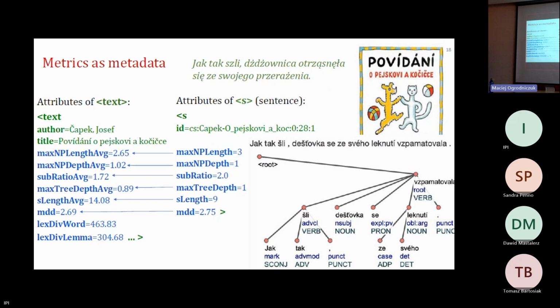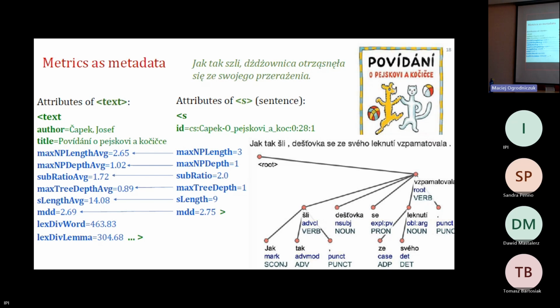And for some parts like this MDD, mean dependency distance, it's not based on the sentences, but on words themselves, because it's a measure that measures distance between the head and the daughter, and it makes sense to take all the words and these dependencies within the whole text.